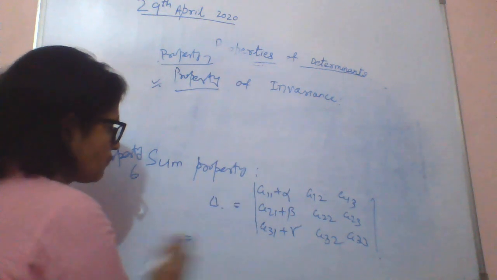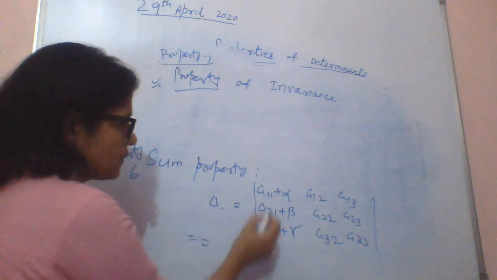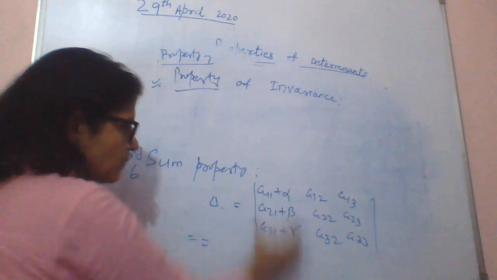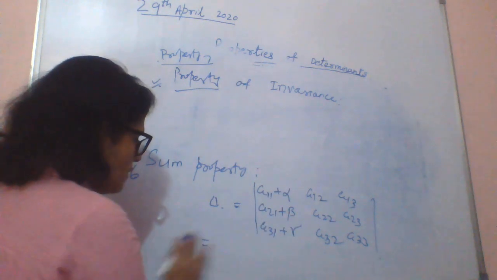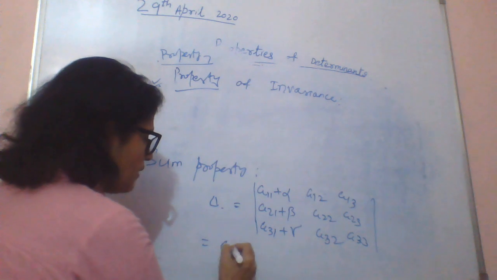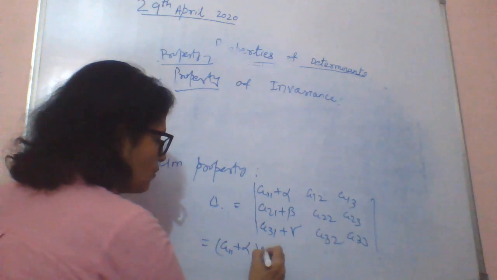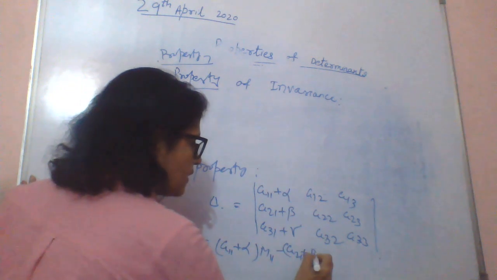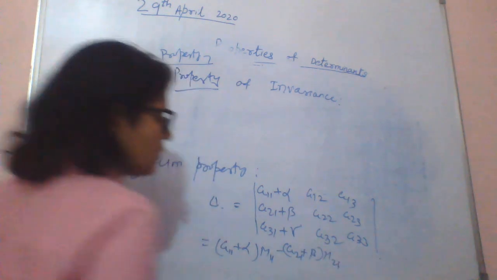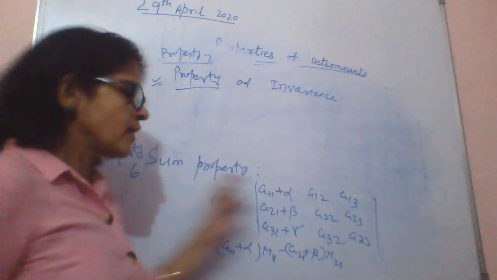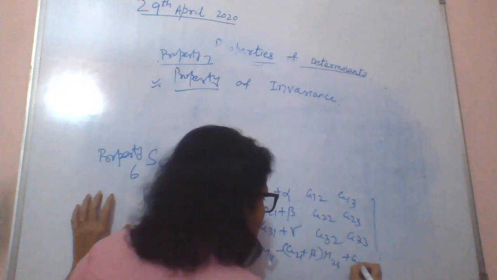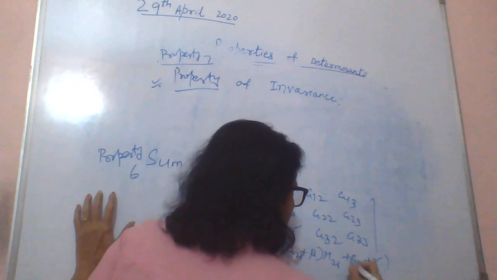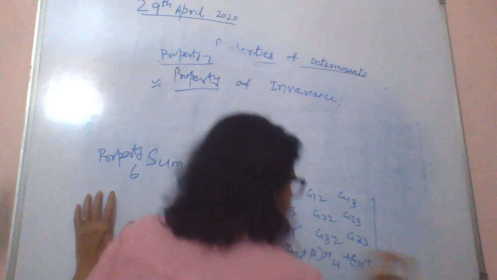Okay, now quickly you see if I expand from this column, I am getting a11 plus alpha into M11 minus a21 plus beta into M21, because this is element in the second row first column, plus a31 plus gamma into M31.